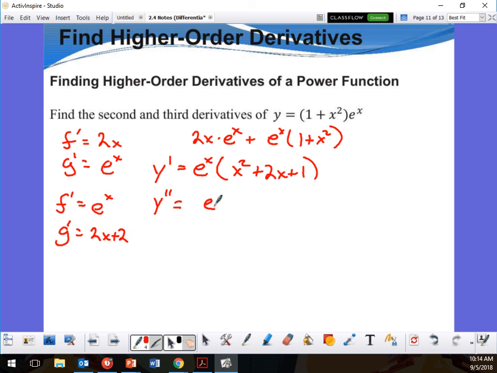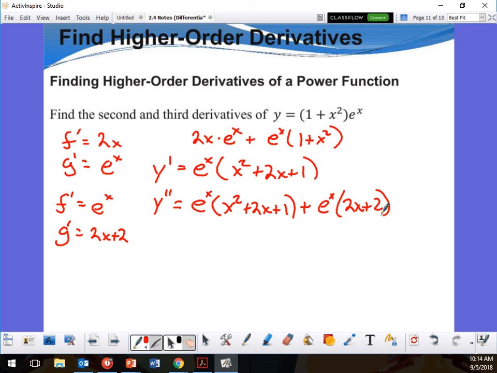So it's going to be e to the x times x squared plus 2x plus 1, plus e to the x again, times 2x plus 2.